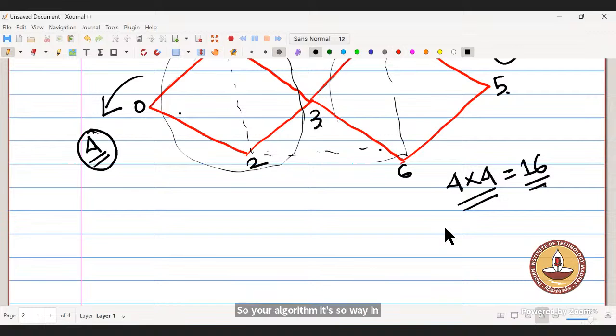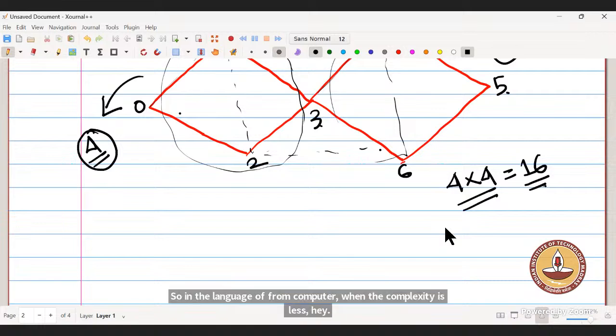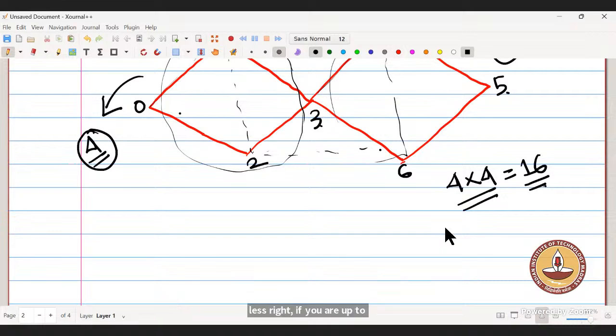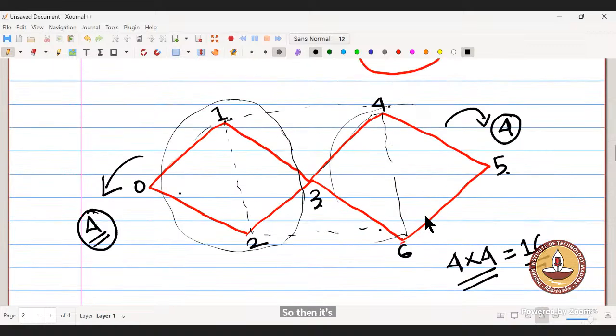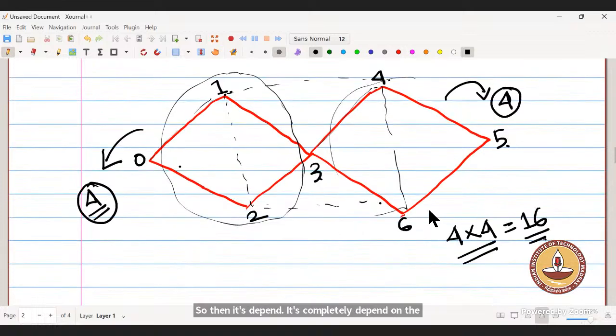If Kruskal's algorithm takes half an hour, whereas Prim's algorithm takes one hour, then it completely depends on the complexity. On that basis, you can say this algorithm is better and that one is comparatively okay.